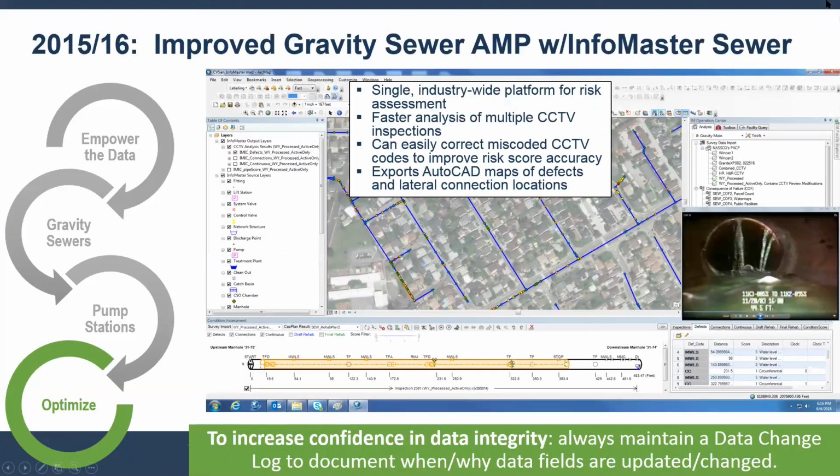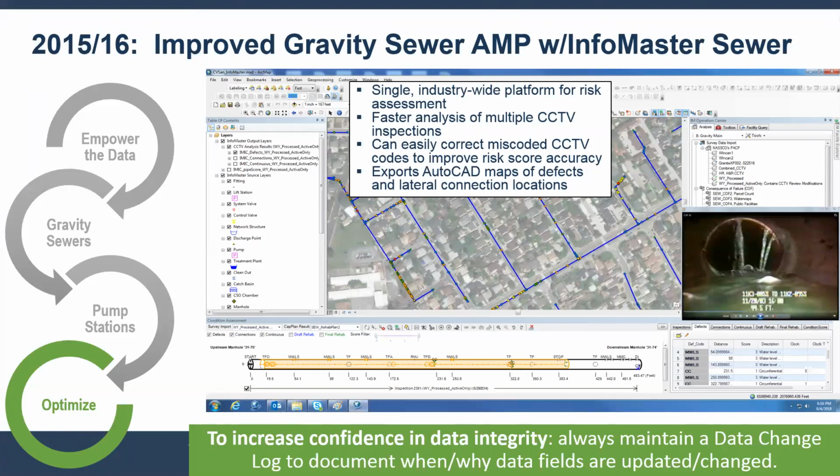We also, the first round, the risk management tool we used was an Access database that we developed. The second round, we moved it in 2015 to InfoMaster Sewer, which is a commercially available software. The biggest feature here is that it allows you to create a GIS layer of all of the defects and allows you to manage the CCTV data and the risk assessment all in one place.